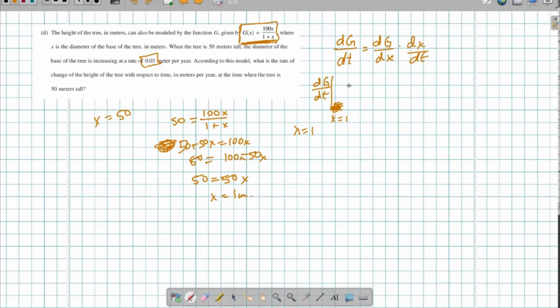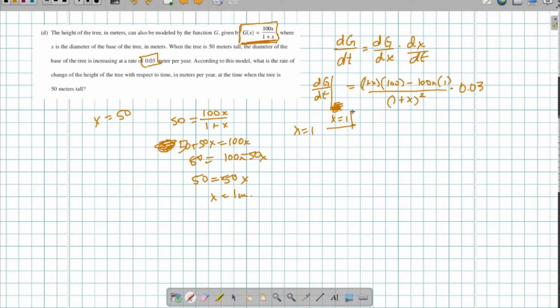So I'm going to have to figure out what the derivative of g is with respect to x. I'm going to use the quotient rule, so the bottom times the derivative of the top minus the top times the derivative of the bottom over the bottom squared. And it's going to be all of that times dx dt, which is 0.03.